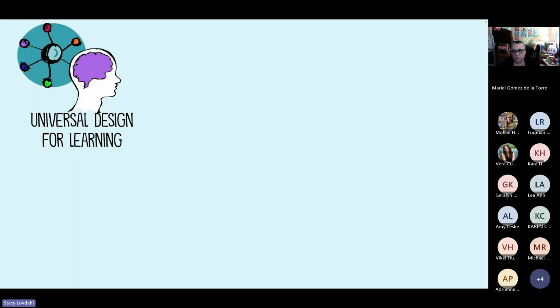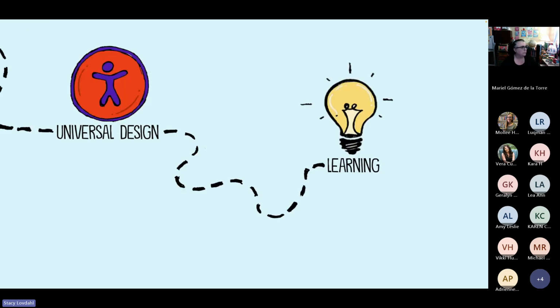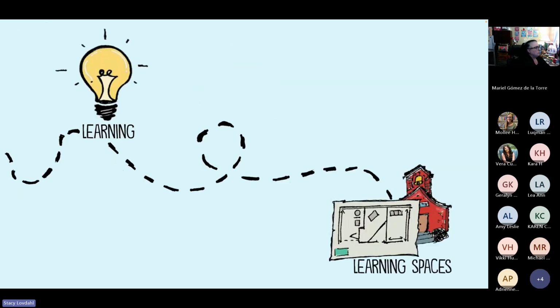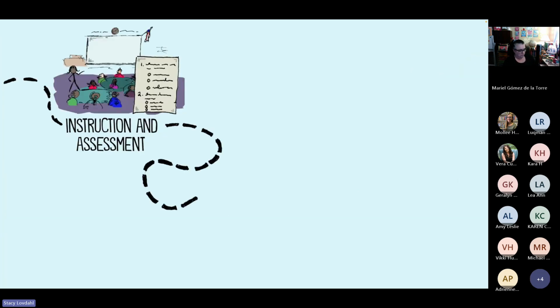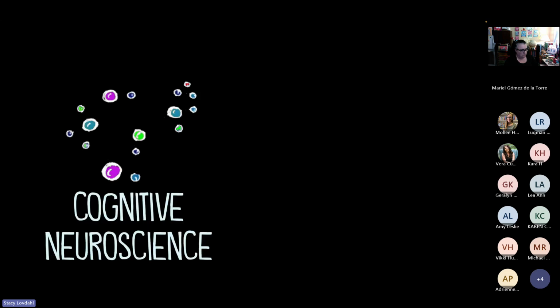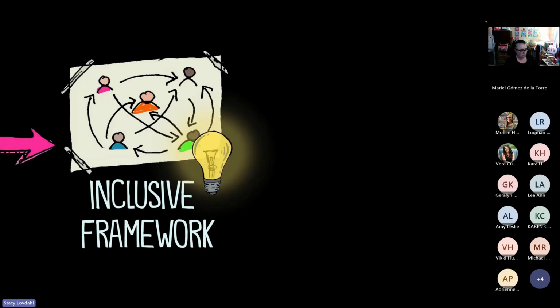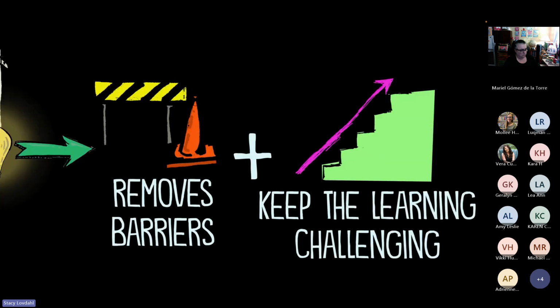Universal design for learning applies the same philosophy of universal design to every aspect of learning, from learning spaces to materials to instruction and assessment to classroom culture and behavior management. Built around cognitive neuroscience, UDL is an inclusive educational framework that seeks to remove barriers while also keeping the learning challenging for all students.